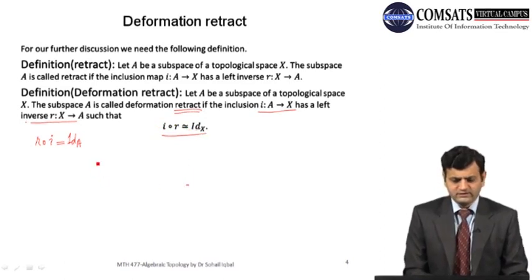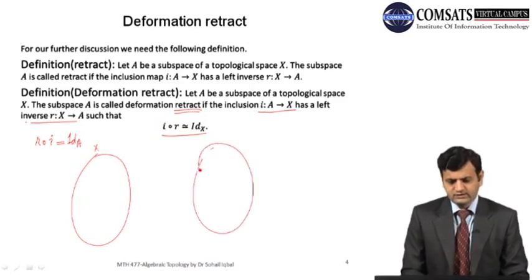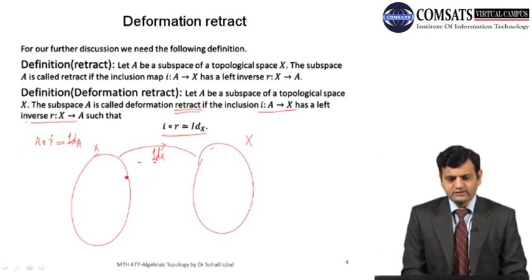Now let's see what does this definition mean. So let's consider this to be a space X and this to be a space X, and let's say this is the identity map. So the identity map will take elements of X to the elements of X. So what about this I composition R?